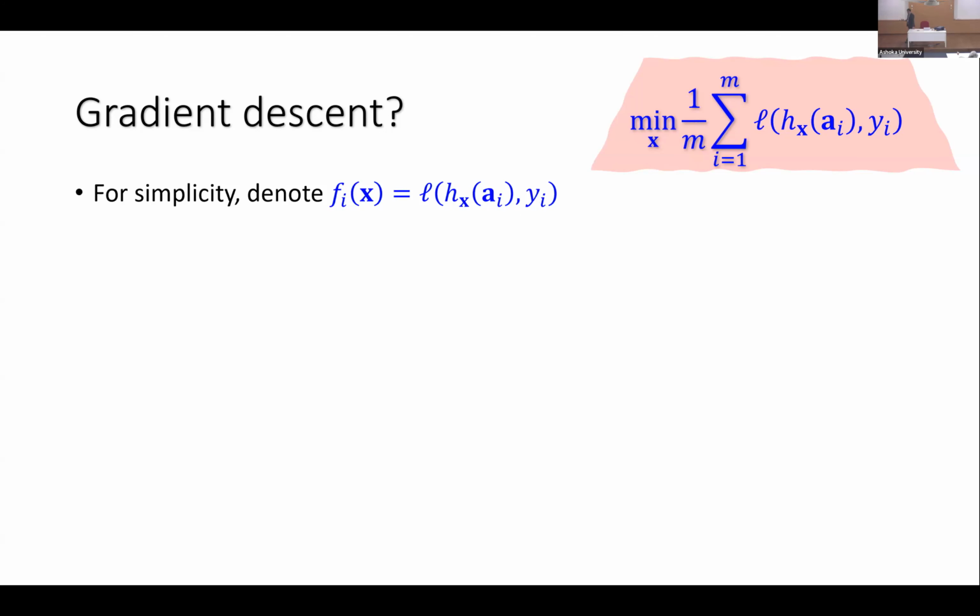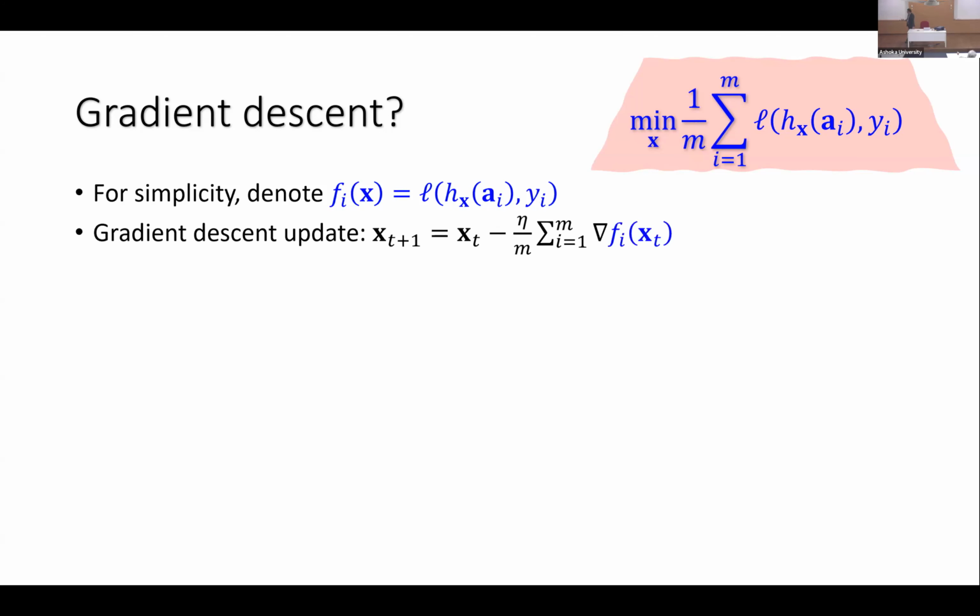Then the gradient descent updates are of the form x_{t+1} equals x_t minus eta over m times the summation of the gradient of f_i at x_t. Suppose that you can calculate the gradient through some means, then this is how gradient descent would work.